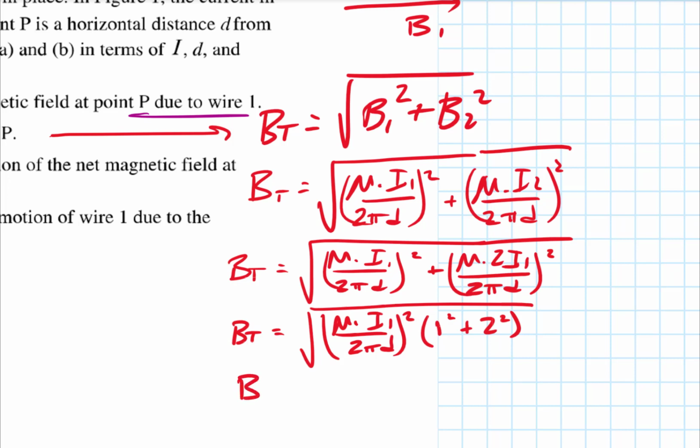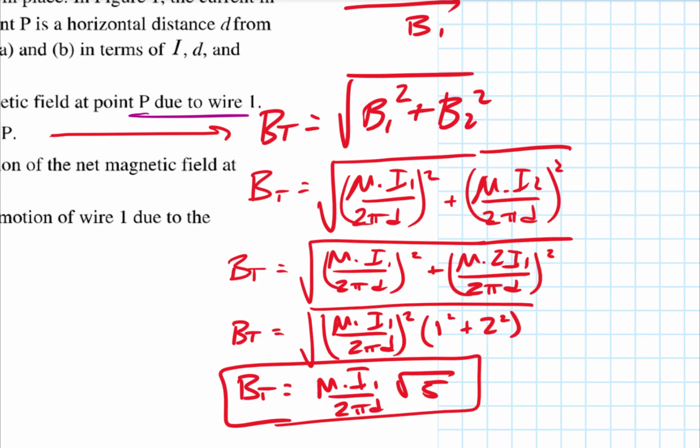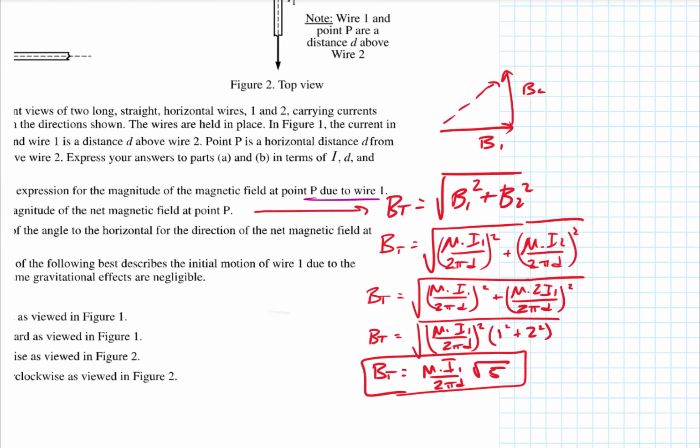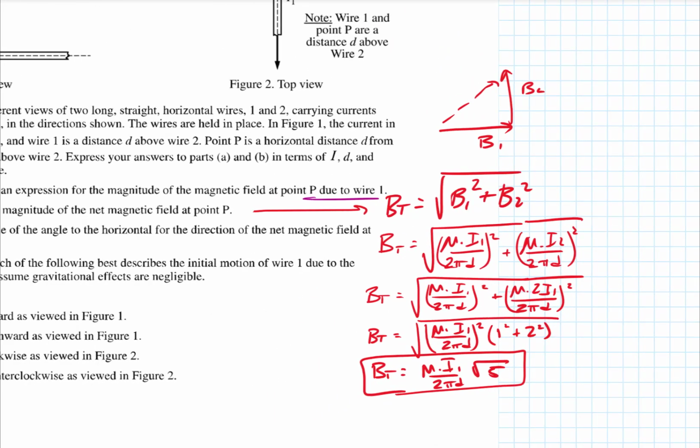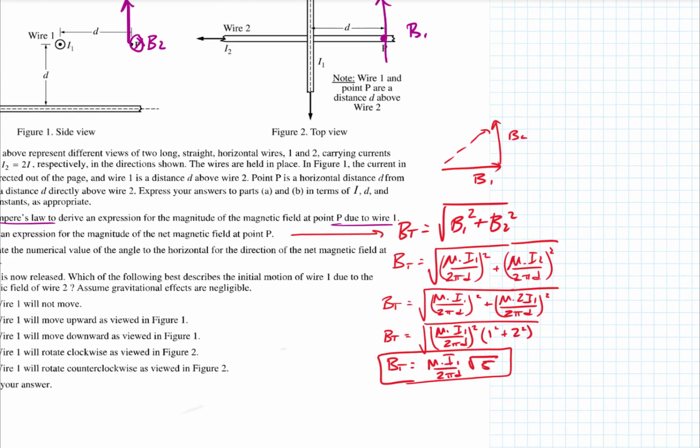So that total magnetic field is going to come out to be mu 0 I1 over 2 pi d times the square root of 5. That would be my total magnetic field at that point. It's those two things put together. It's really hard to see how those vectors go together, but knowing that they are at 90 degrees to each other helps us find their vector sum in this way.